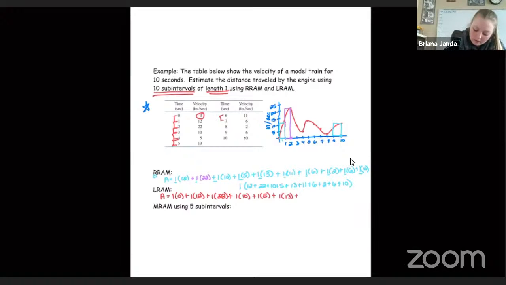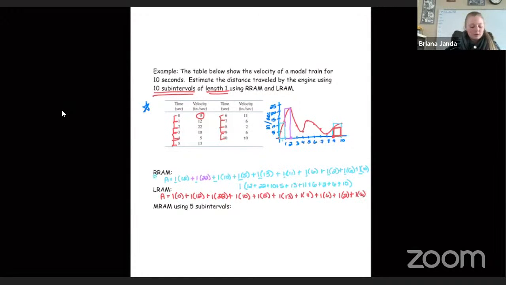From 6 to 7, our left-hand height would be 11. From 7 to 8, our left-hand height would be 6. And from 8 to 9, it'd be 2, and from 9 to 10, so that's this last rectangle again. Now the last rectangle, the left-hand height is 9, and it would look like this with a height of 6.